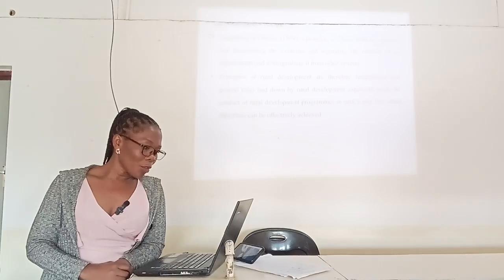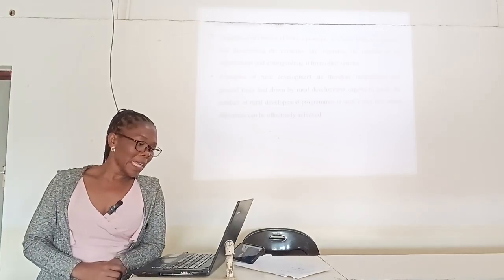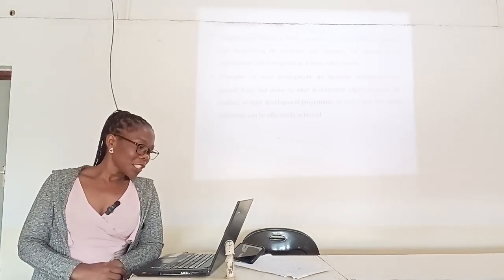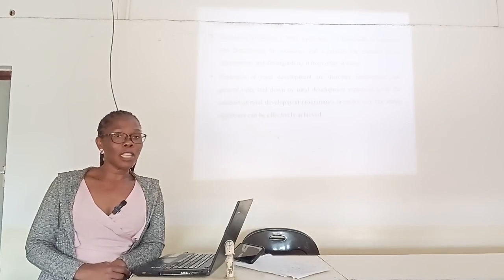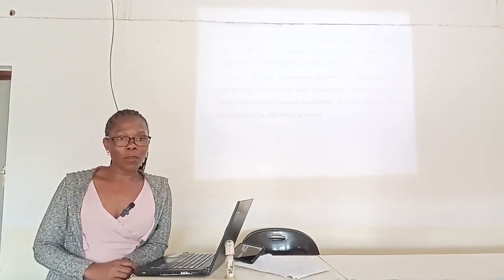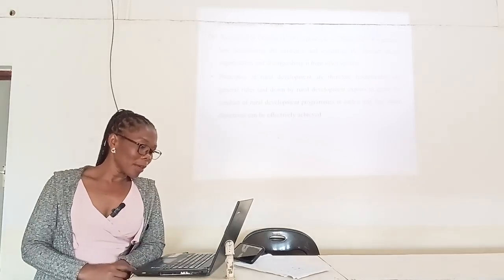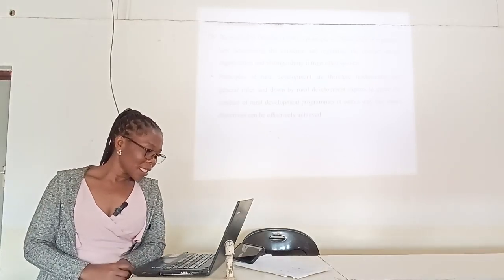So principles of rural development are therefore fundamental and general rules laid down by rural development experts to guide the conduct of rural development programs in such a way that stated objectives can effectively be achieved.